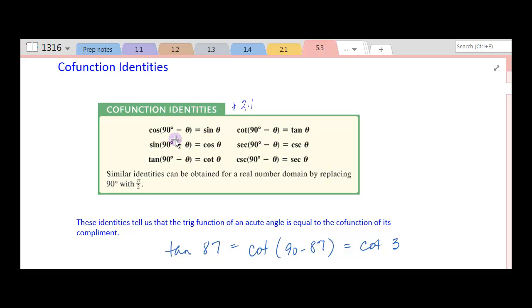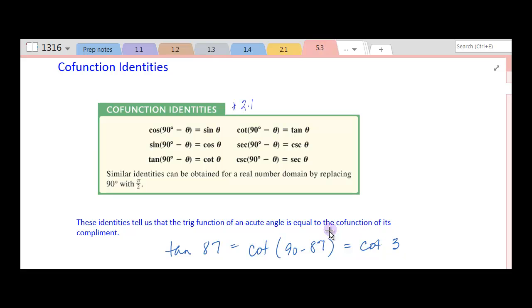Now, what does a cofunction identity tell us? These tell us about a trig function that has an acute angle, that it's equal to the cofunction of its complement. What does that mean? In other words, if I were looking at the tangent of 87, 87 is an acute angle, and I can rewrite that in terms of its cofunction by using the complementary angle, which would be 90 minus 87, or 3.